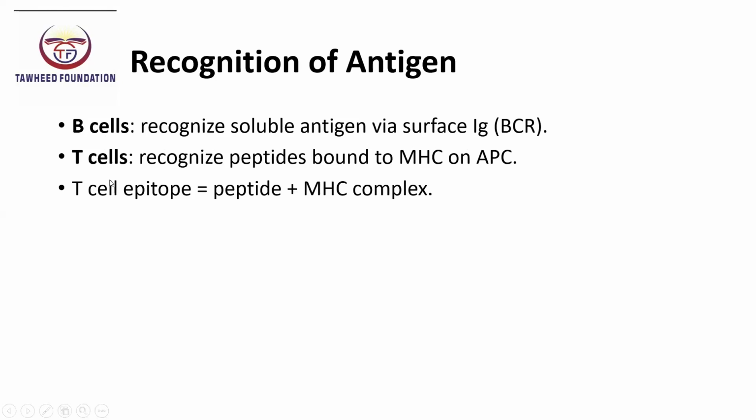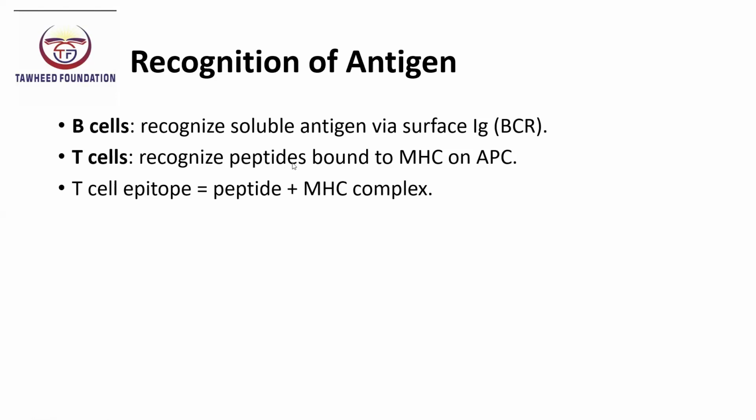T cells, however, cannot recognize free antigens. Instead, they recognize antigens in the form of short peptide fragments that are bound to major histocompatibility complex, that is MHC, molecules on the surface of antigen presenting cells, that is APCs, such as macrophages, dendritic cells, and B cells.